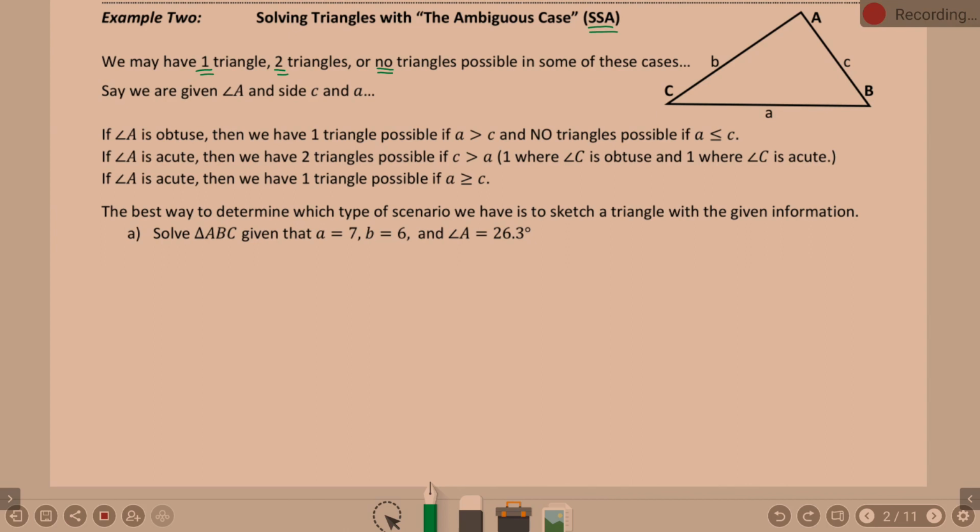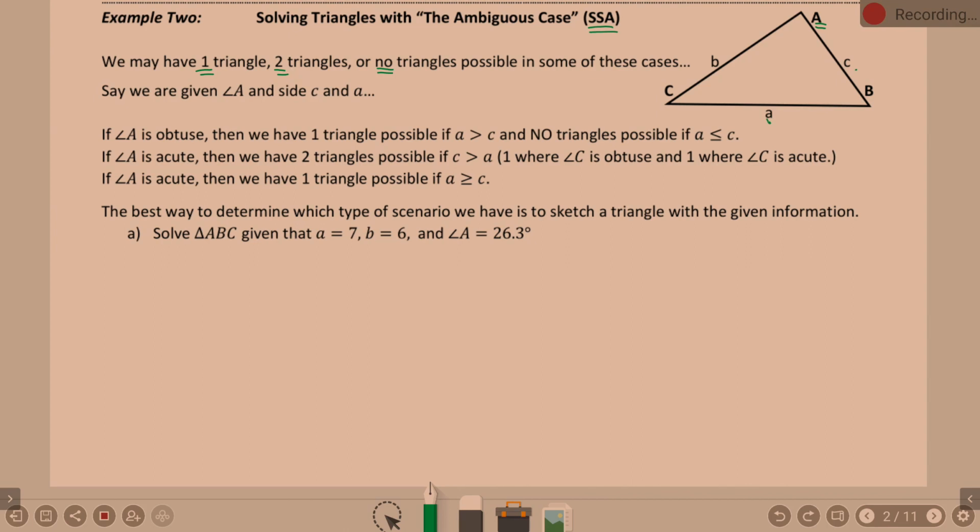Now, I have an attempt to write it out here, summarize it. The best thing is going to be going through and looking at some examples. But for instance, if angle A is obtuse, and obviously this picture would not be drawn to scale for angle A, then there is one triangle possible as long as the side opposite it is bigger than the other side given.